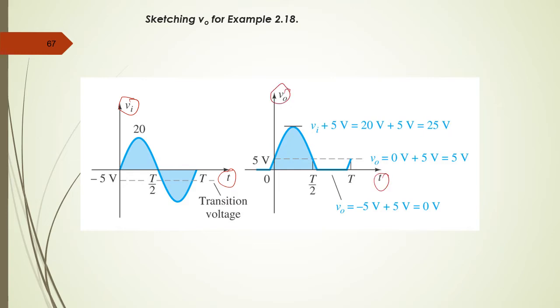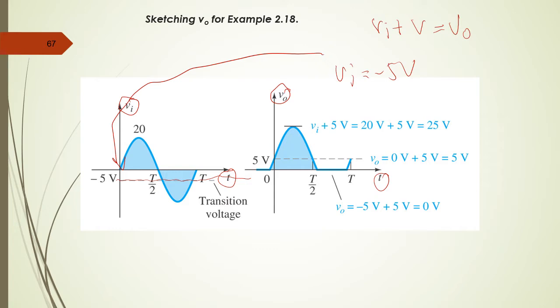Remember that first we need to determine the transition level. The transition level will give you Vi equals minus 5 volt, which is here. Okay, this is the transition level. If you follow the Kirchhoff voltage law, Vi plus V will give you the value of the output voltage.